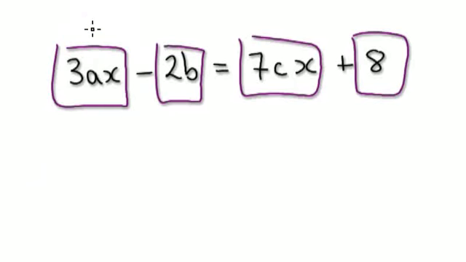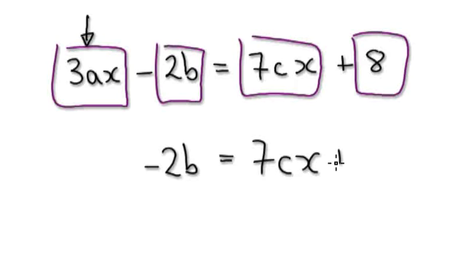Take away 3ax from both sides. So you will have this minus 2b, and then on this side you have 7cx plus 8 minus 3ax. Okay, and now you would kill off this.